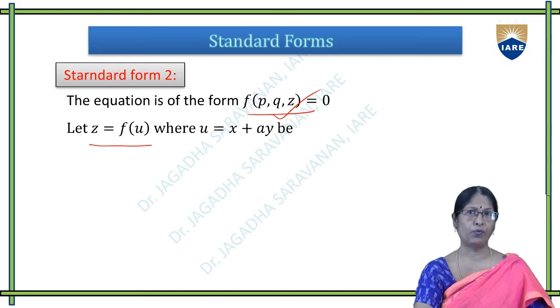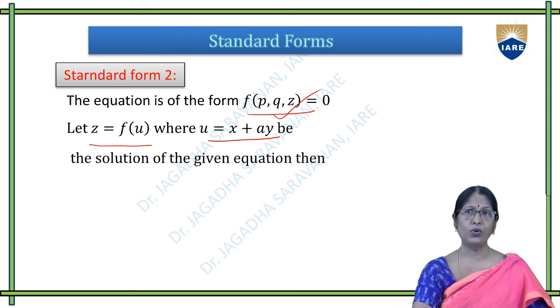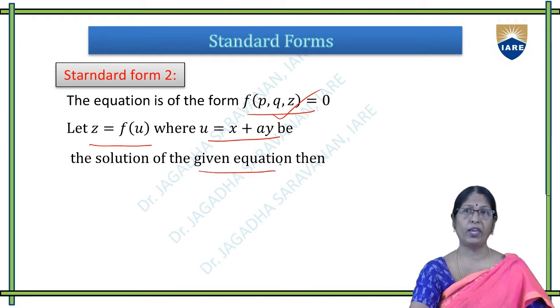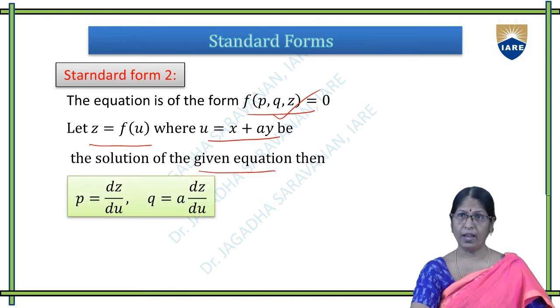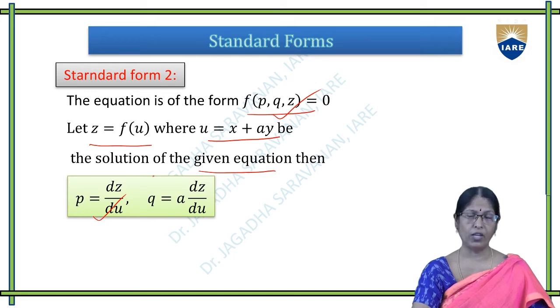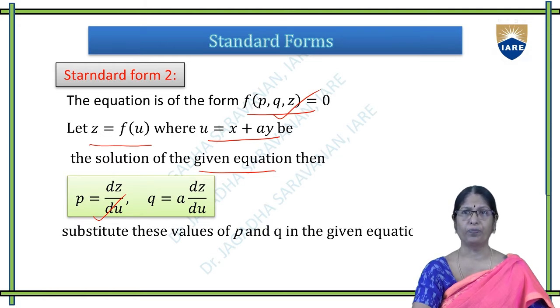Then what are the steps to be followed? The first step: z equal to f of u, where u equal to x plus ay. Then, in the given equation, that is our question, we replace p by dz by du, and q by a into dz by du.